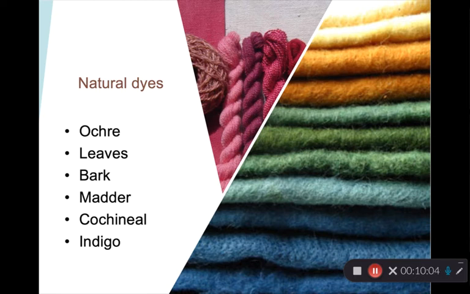And then, of course, there's natural dyes that are found in nature. They tend to have limited commercial value because they're really hard to get large quantities of them to scale. And it's an agricultural product. It's hard to understand how we might take some of these and do them at a commercial scale. But they're used in niche markets.